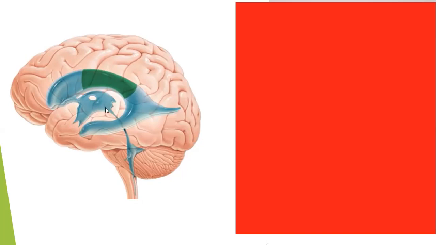Now this third ventricle will also form a narrow canal which will link it to another hollow space here, which is called the fourth ventricle. And these ones will form a continuous canal that goes right in the middle of the spinal cord.